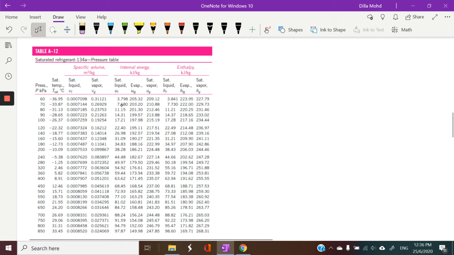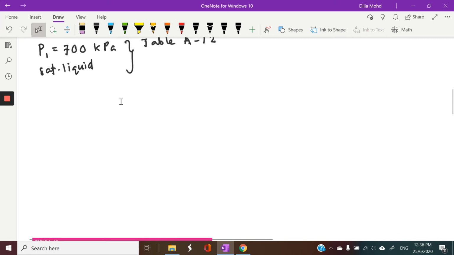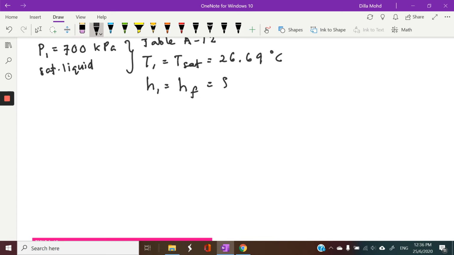We can see that the temperature is 26.69 and the enthalpy of the saturated liquid is 88.82. So we take these two values and put them here: 88.82 kilojoule per kg.